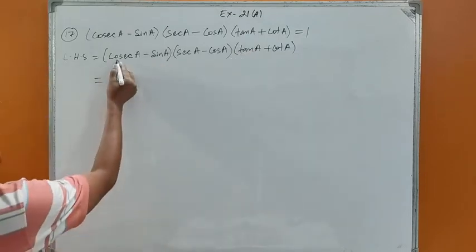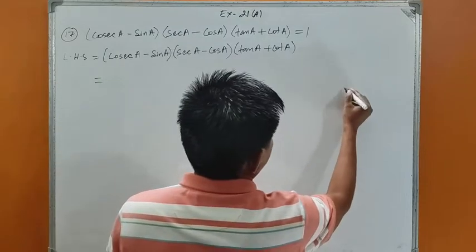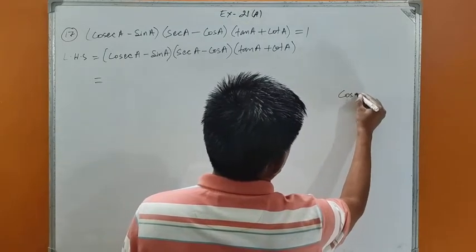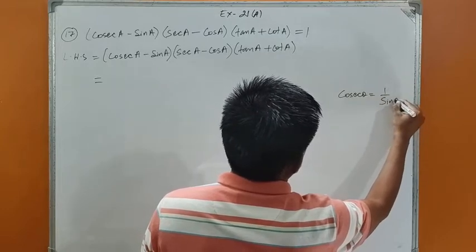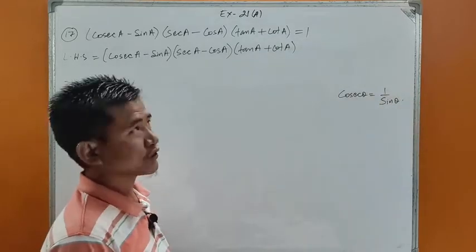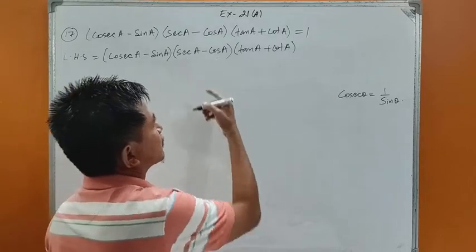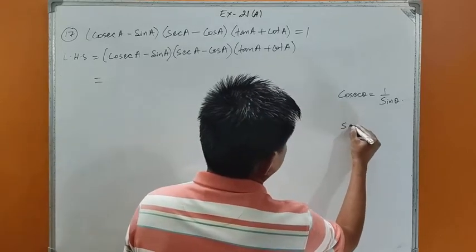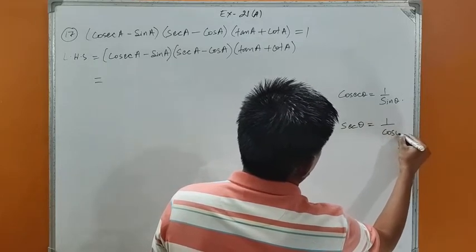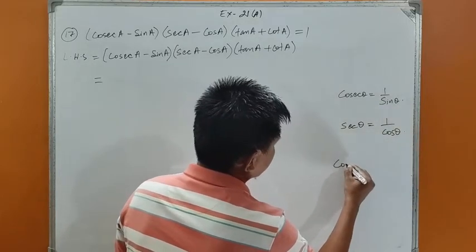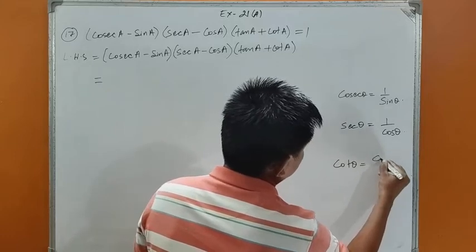Okay, so this cosec a can be written as 1 upon sin a, since cosec theta equals 1 upon sin theta, isn't it? Sin theta and cosec theta are reciprocal of each other. Similarly, sec theta and cos theta are also the reciprocal of each other. Sec theta equals 1 upon cos theta. Okay, and cot theta equals cos theta upon sin theta.